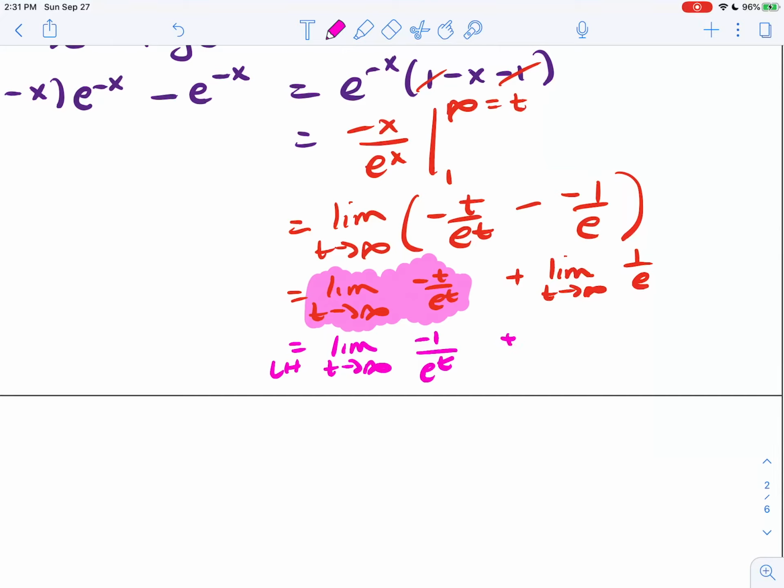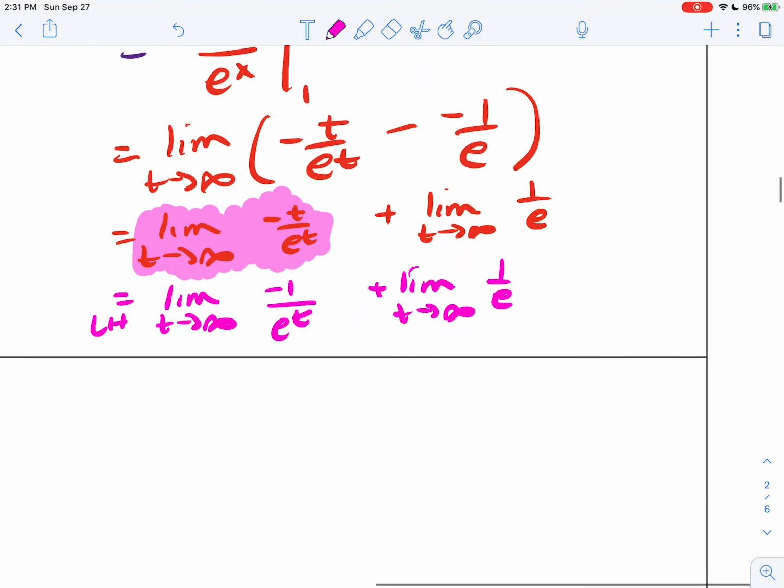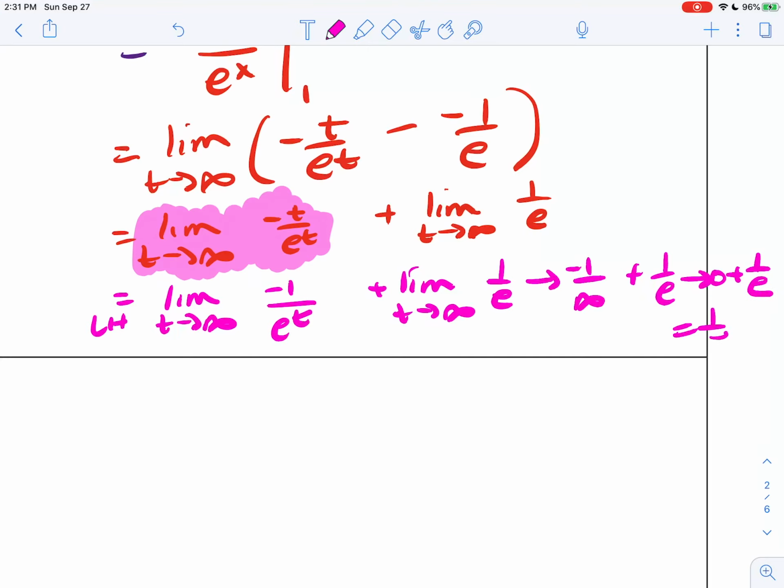And this constant here, I'm still just going to continue with that limit and just calculate over here, knowing that this is going to minus 1 over e to the infinity, which is infinity, and a constant goes to a constant, and that is going to 0 plus 1 over e, which is 1 over e. This is finite.